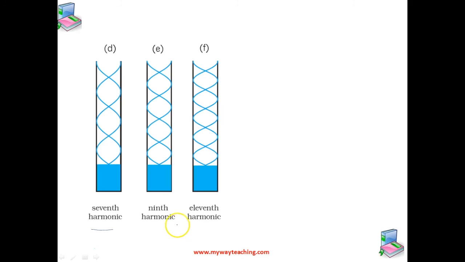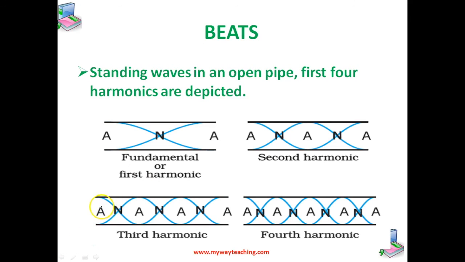It is then easily seen that an air column open at both ends generates all harmonics. You can see that in the figure, where both ends are open, it produces all the harmonics.